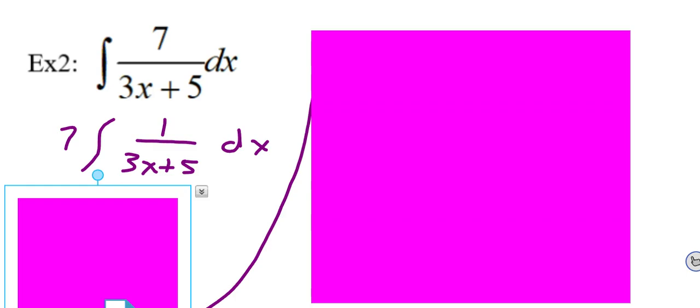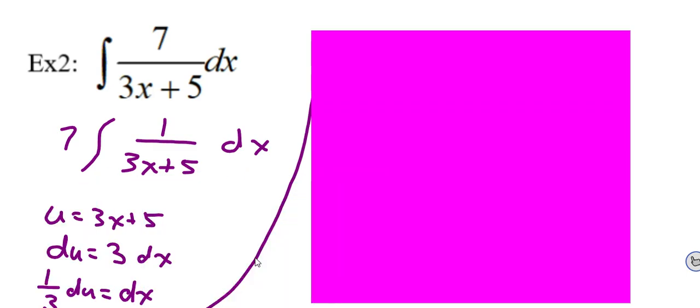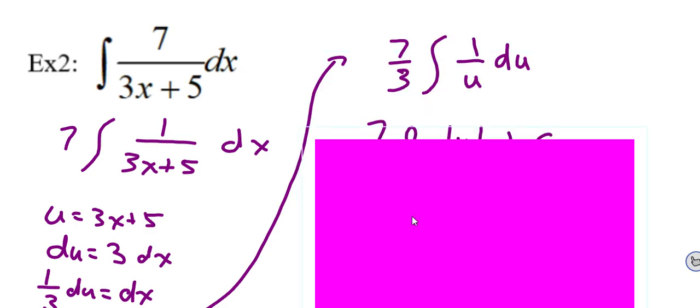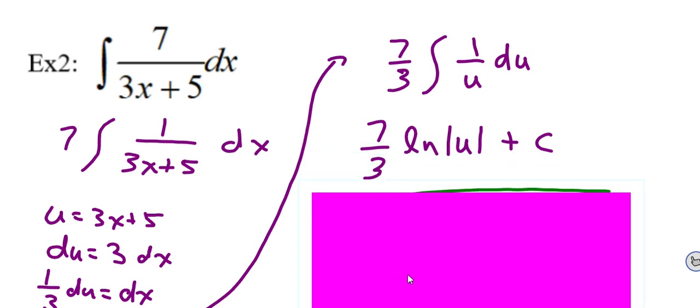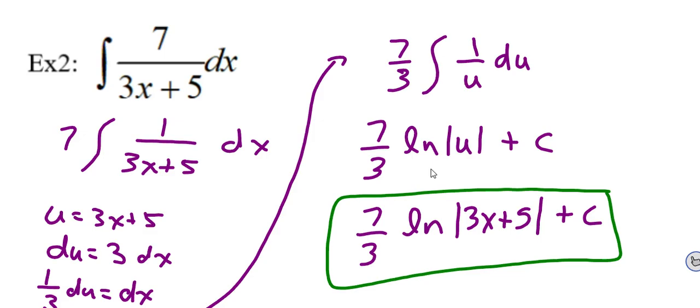You found your du. You kicked the 1/3 out, right? And then you set it up, and then you apply the integration of 1 over u is natural log of u, then you plug u back in. You plugged u back in, and you remembered your plus c. All right, so pretty straightforward, right? It really is a very straightforward lesson.